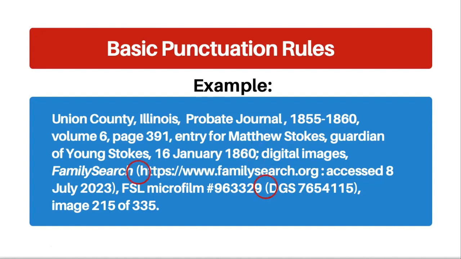Notice no commas between FamilySearch and the opening parenthesis, and there's no comma between the film number and the DGS number within the parentheses. A colon connects the URL and the access date with an extra space right here. For my style guide, I've chosen to omit the space between a pound sign and the number.